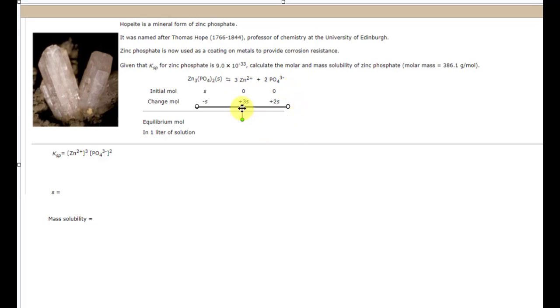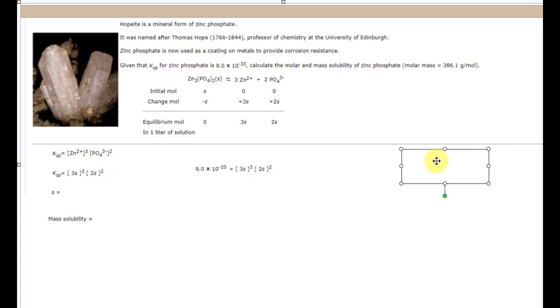So at equilibrium, we've got none of this solid zinc phosphate left because we said all of it's going to dissolve. That's its molar solubility. Here we produce 3s and 2s, and here's our equation for our solubility product, which is zinc concentration cubed times phosphate concentration squared. So in terms of molar solubility, we've got a (3s) cubed and a (2s) squared. This is pretty solvable.